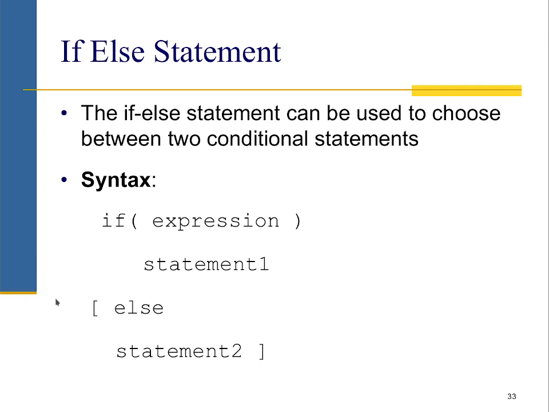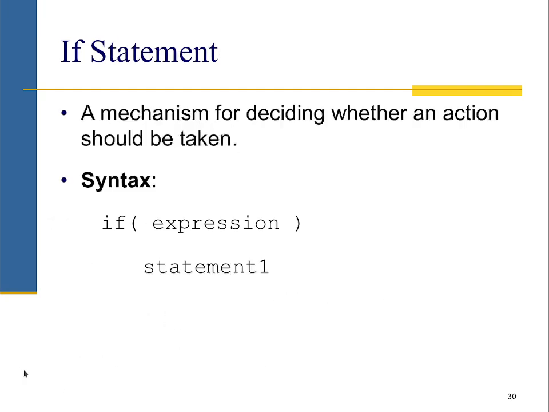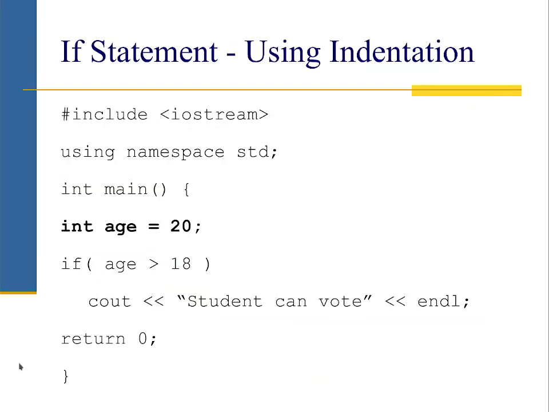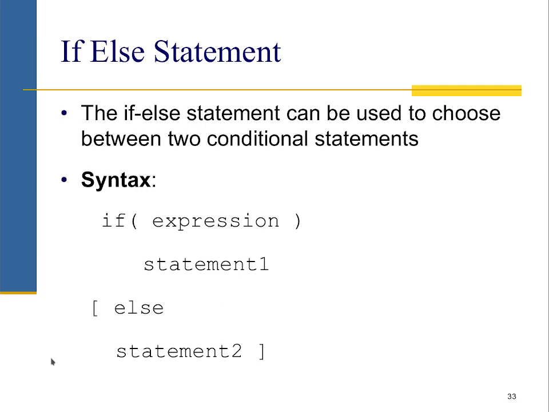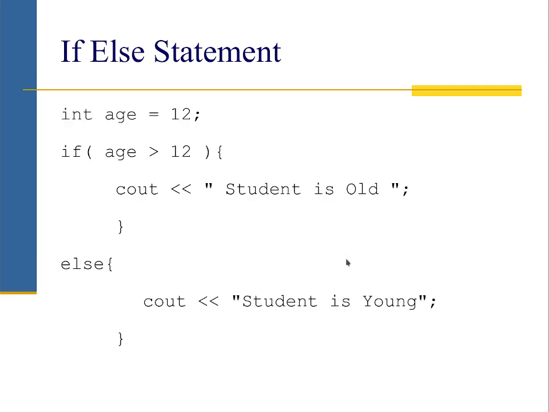Now we are also looking at the if else statement syntax, which is basically if this expression, do this, else do otherwise. This is basically the structure of an if else statement. Like this, if age is greater than 12, you should print out student is old, else student is young.